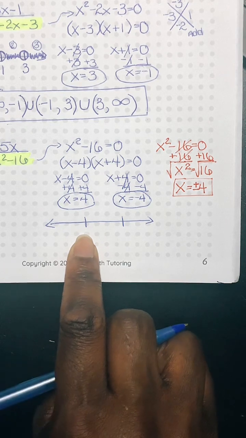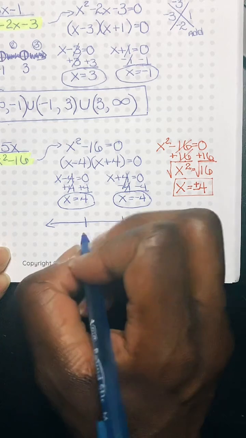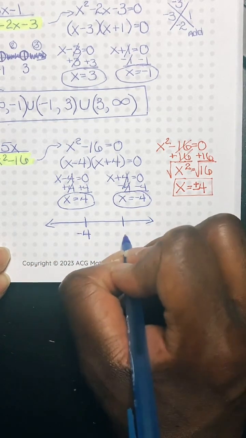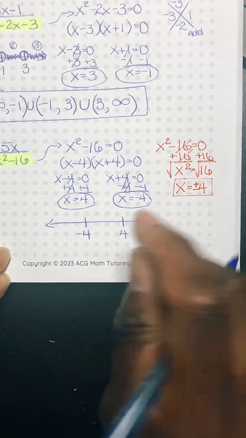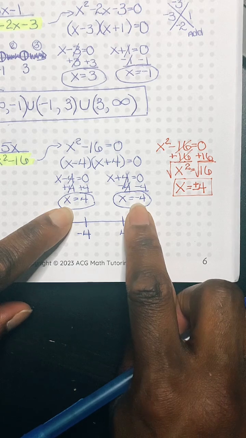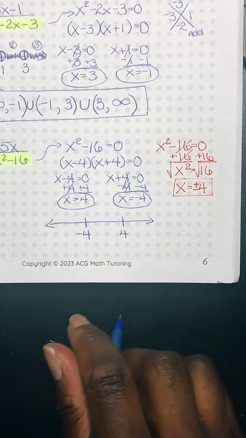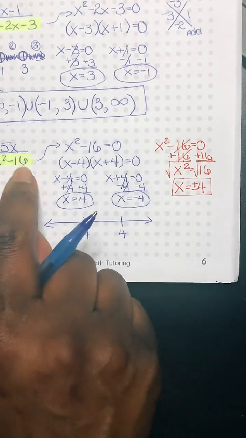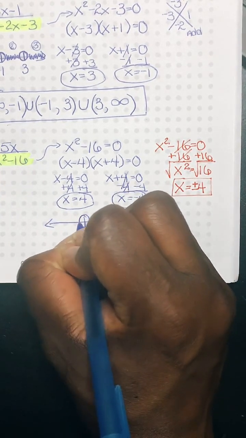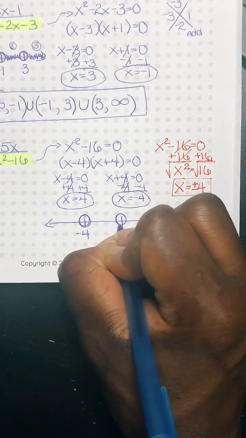Good. Good. Excellent. So we got our negative 4. Think of the number line. So negative 4, positive 4. So this is what they cannot equal because it gives me a 0. And we can't have a 0 in the denominator. Okay. So that means these are open circles.